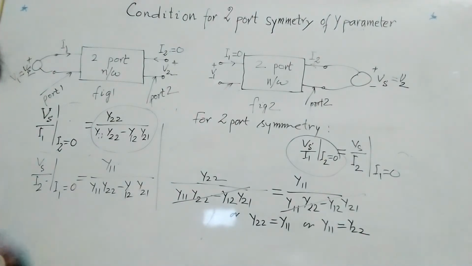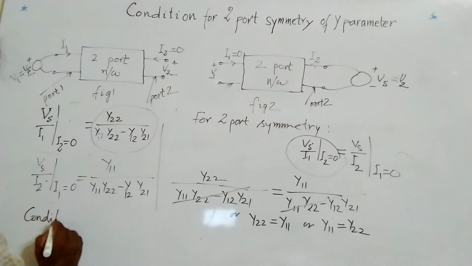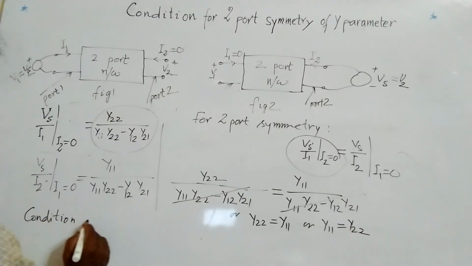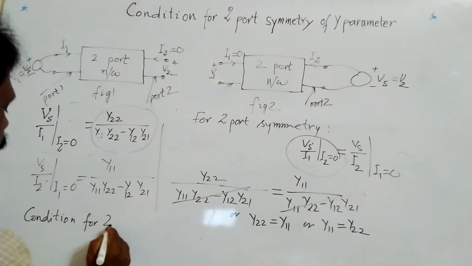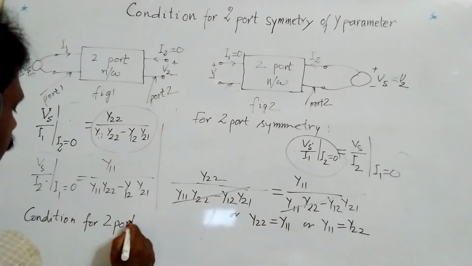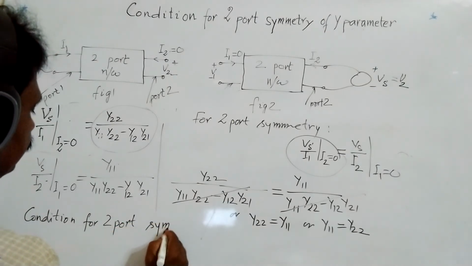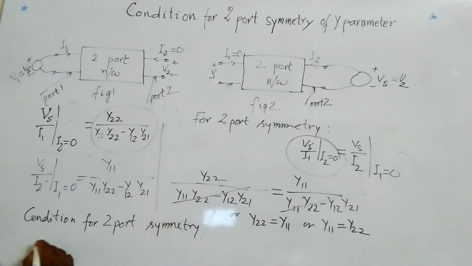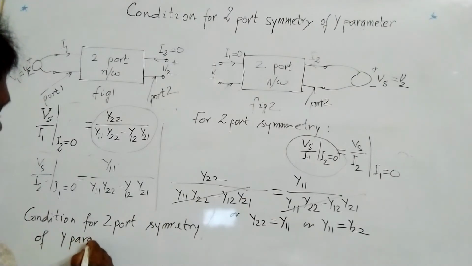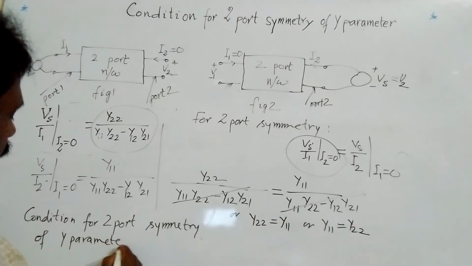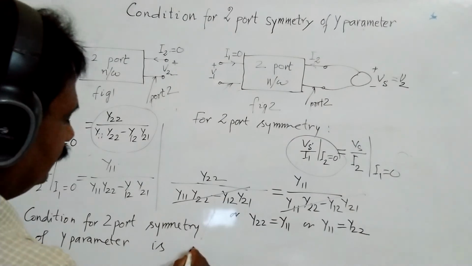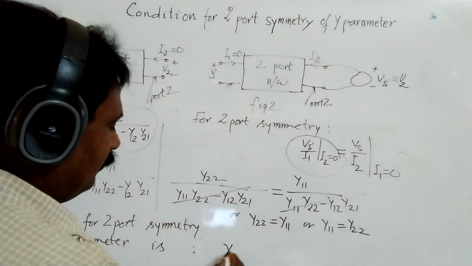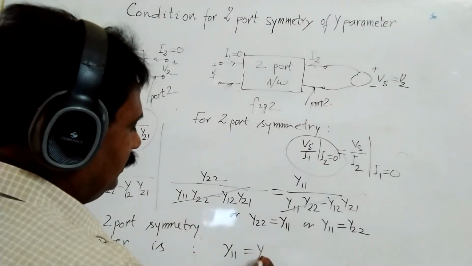Then we can write finally, the condition for two-port symmetry of y parameter is y11 equal to y22.